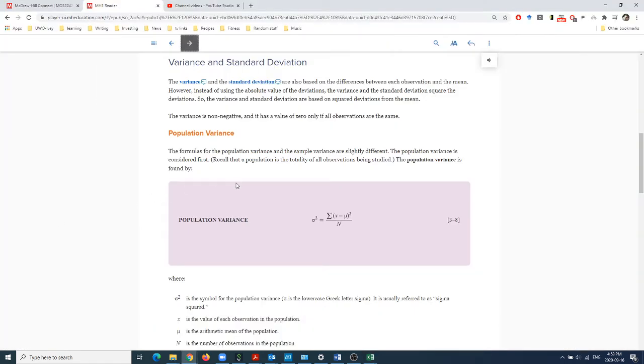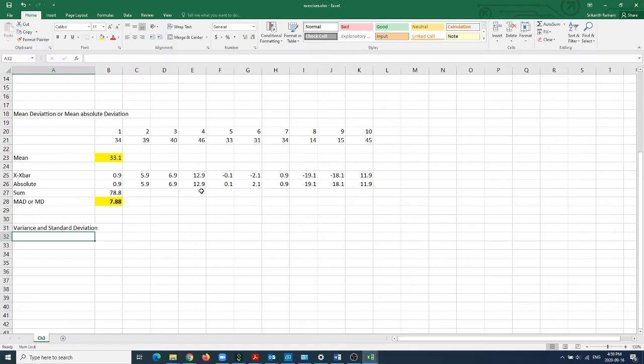Let's try and understand variance and standard deviation. Here, whenever you had negative values, you took the absolute value of them and converted them to a positive value so that you could compute some sort of score.